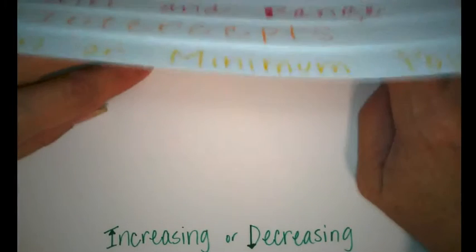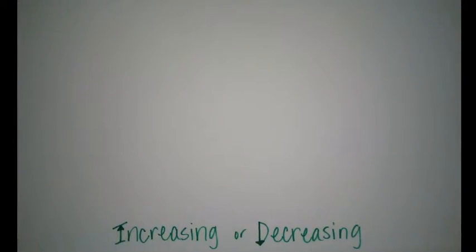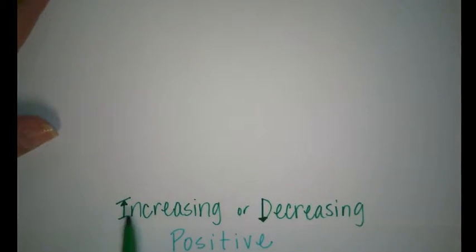So for everyone that needs the increasing and decreasing, I'm writing on this page right here. Increasing and decreasing we're going to just describe in one statement, and I kind of just put, increasing arrow up, decreasing arrow down.